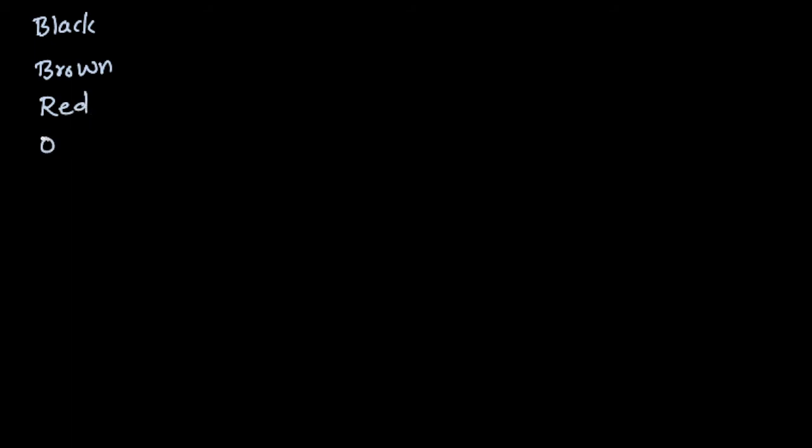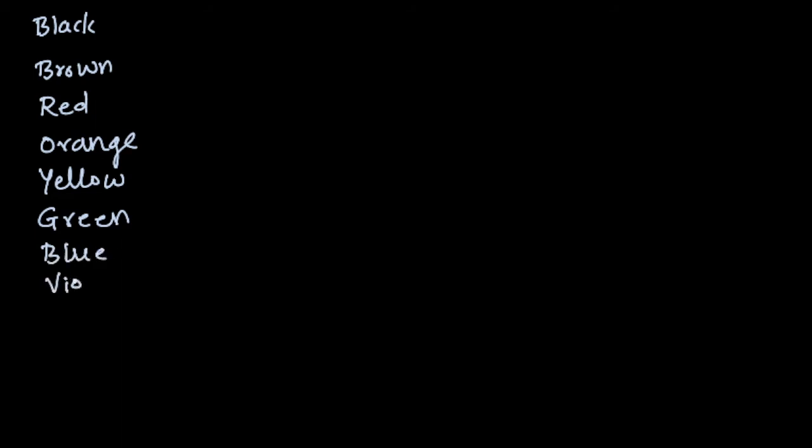The colors used in color coding are black, brown, red, orange, yellow, green, blue, violet, gray, white.